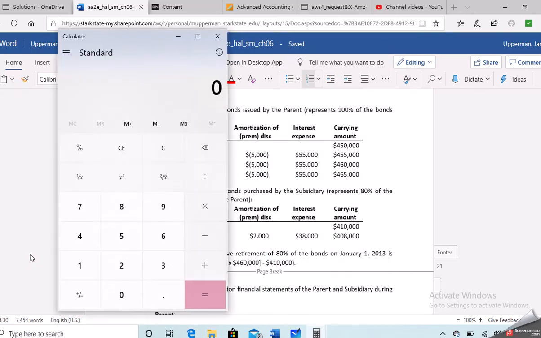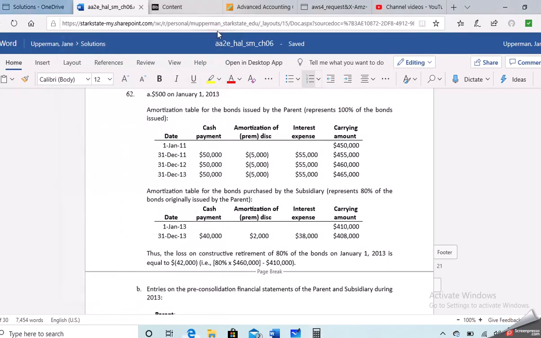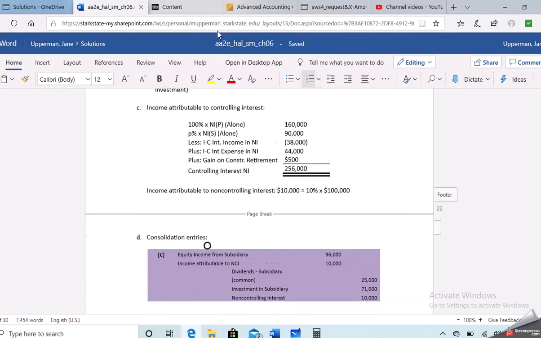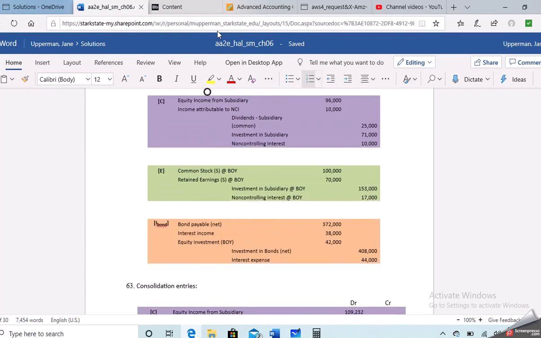Well, that would be the 400,000. All right, let me go back down. But I believe it's because we're amortizing that piece of it. Sometimes when you map these out, you have to look at the amortization level, because this is showing you it's net of that discount. So it really probably is after that discount is calculated.